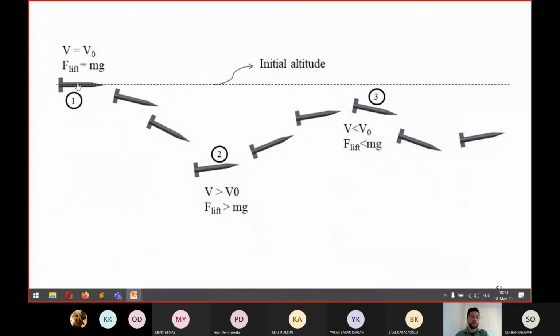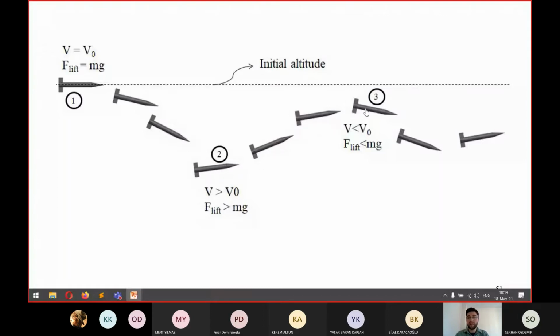In the first state, there is a given elevator deflection angle, and the munition starts to descend. After a while, the velocity of the munition increases, and lift force overcomes the gravitational force. As a result, the munition starts to ascend.